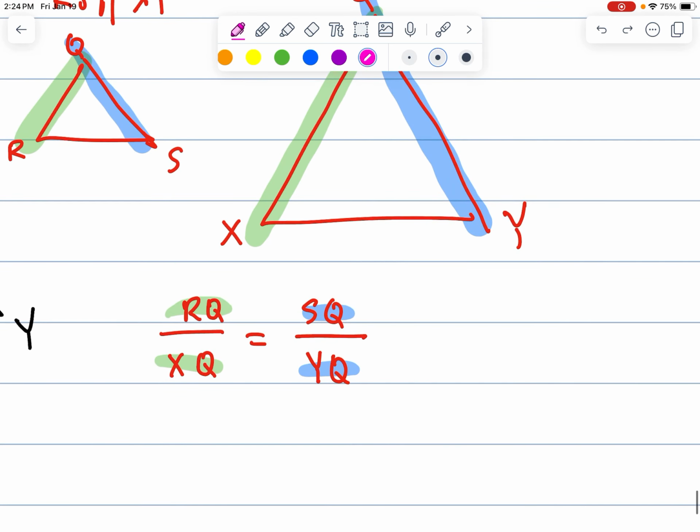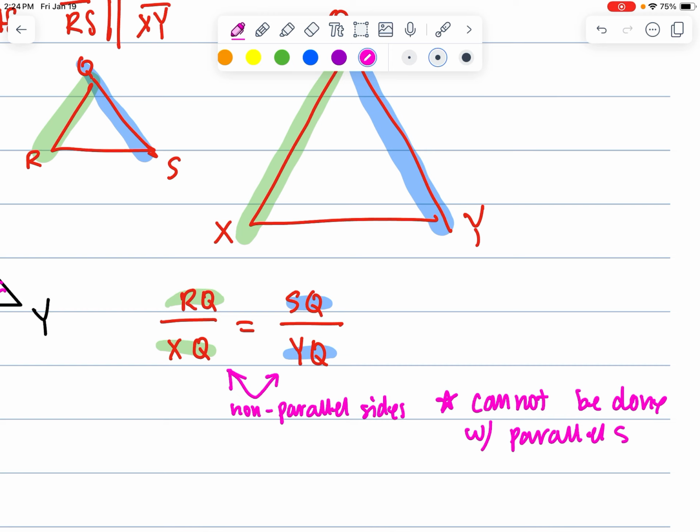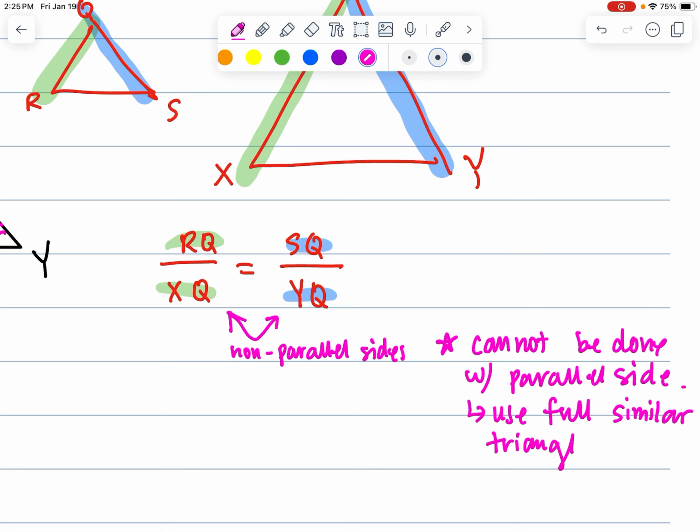This only works for the non-parallel sides. These are the non-parallel sides, okay? And a special note, this cannot be done with parallel sides. In that particular case, use the full similar triangles, as we have in the past, okay?